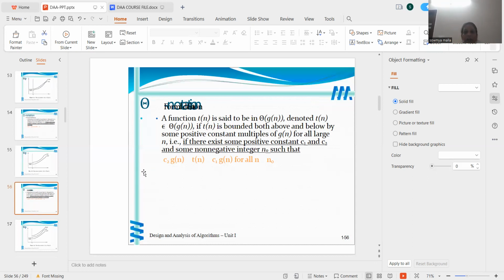Definition: let f of n and g of n be two non-negative functions. f of n equals theta of g of n if there exist three positive constants c1, c2 and n naught such that c1 g of n is less than or equal to f of n, which is less than or equal to c2 g of n, for all n greater than or equal to n naught.